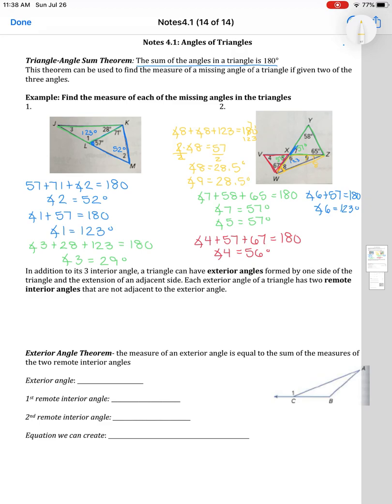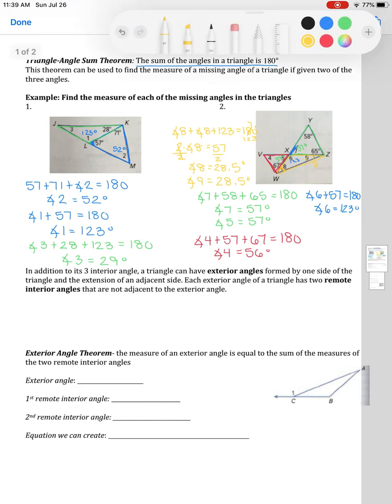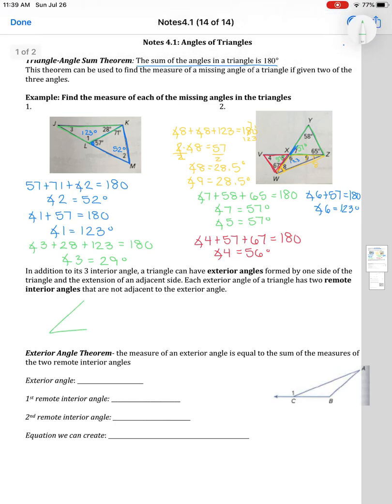If I subtract the 123 from 180, that gets me 57 degrees. And then I'm going to divide by 2. So that means angle 8, not a perfect number, but that's fine, is 28.5. And then just based on the diagram, I know 9 is equal to the same thing, because it's an isosceles triangle.